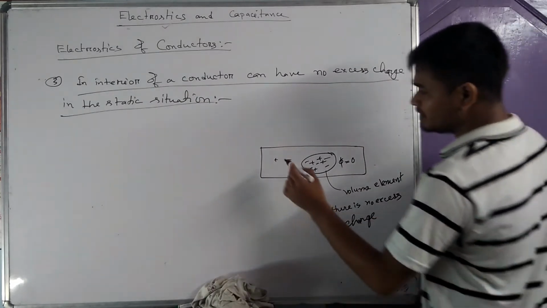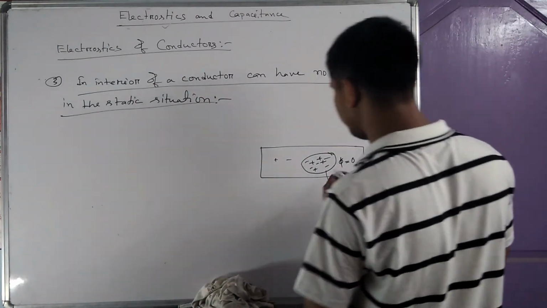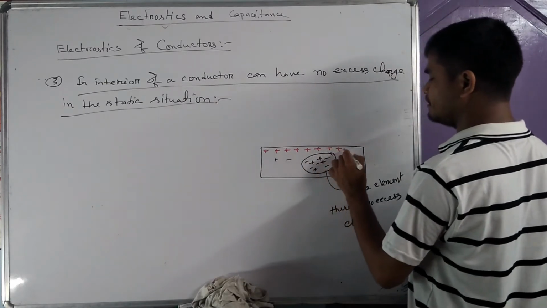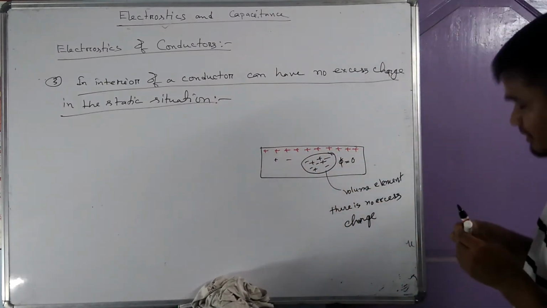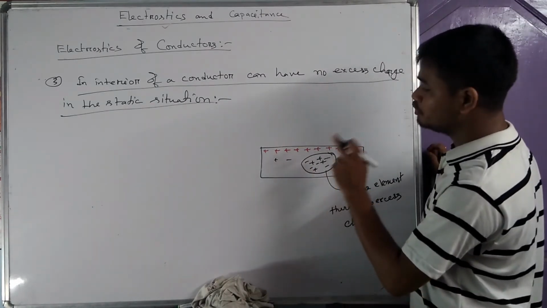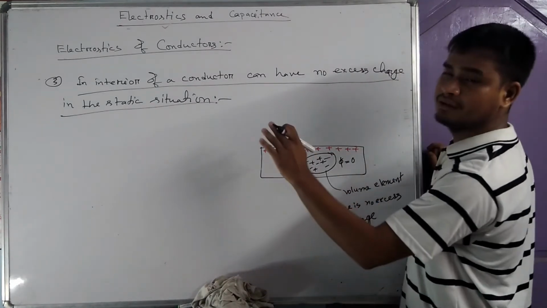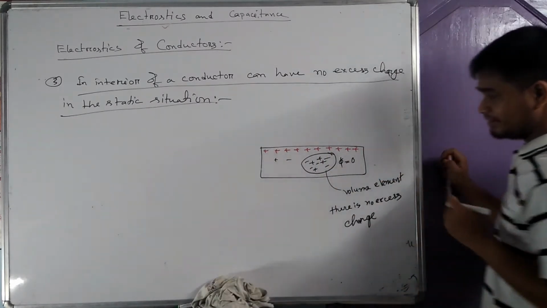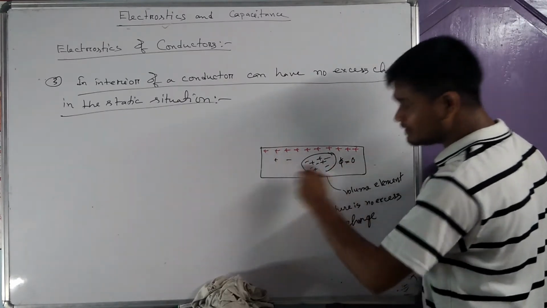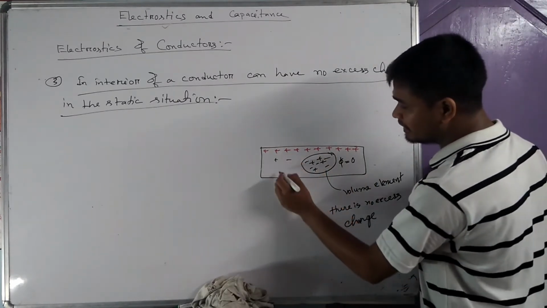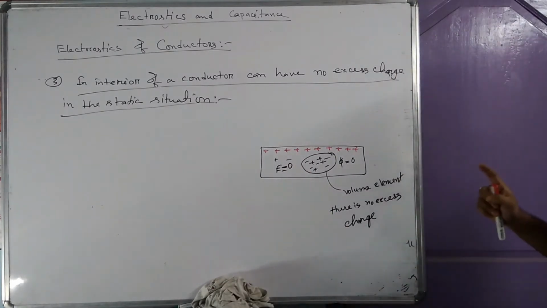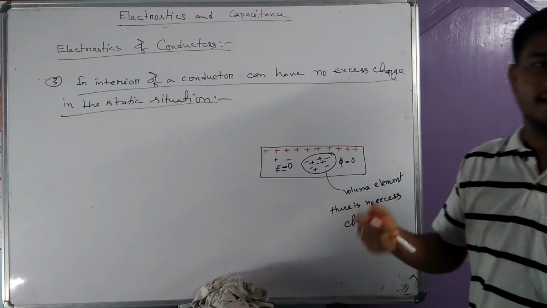Let us consider there is some positively charged ion, that is a charged conductor. If this is a charged conductor, then the charge should be on the surface of the conductor, since inside the conductor electric field is 0. If electric field is 0, there is no excess charge.